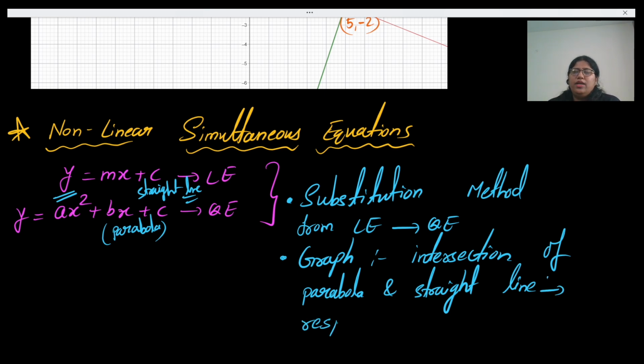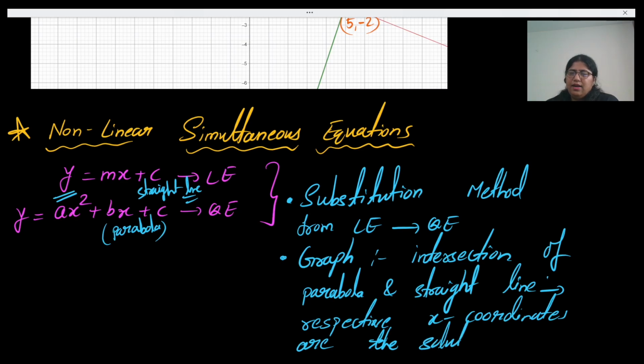The respective x coordinates of those intersection points are the solution. So how do we take it here? Let us see one example and then you will understand. Mostly this kind of question you get in the exam.